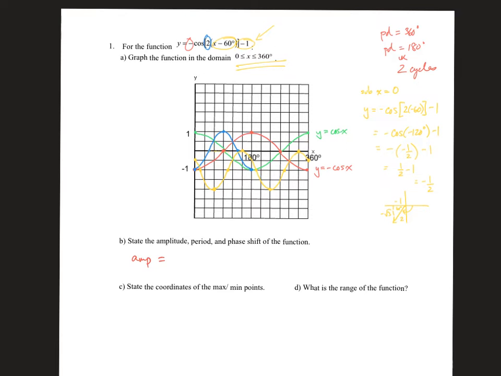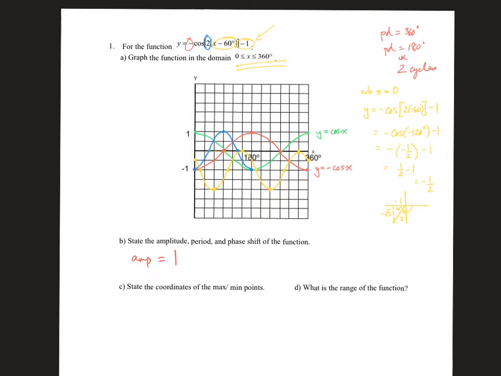We have to stop ourselves. Remember what amplitude means. It means half the height. And you can't have a negative height. So when we talk about amplitude, we talk about the number portion of the coefficient. So our amplitude would be 1.